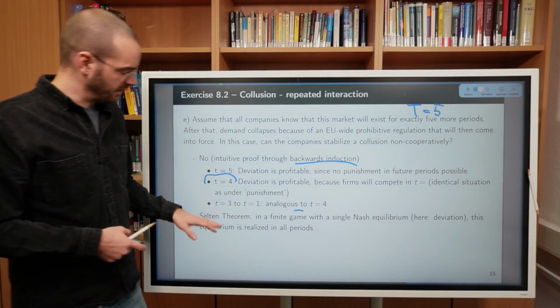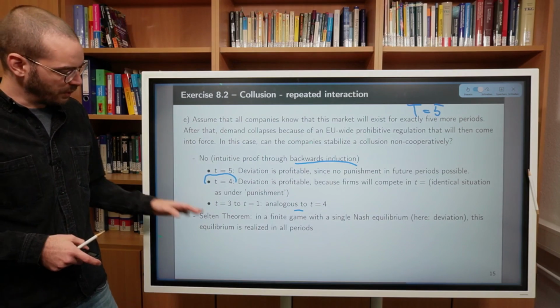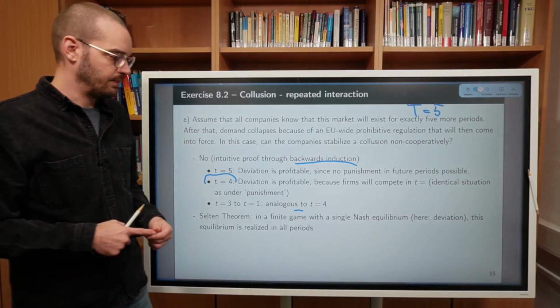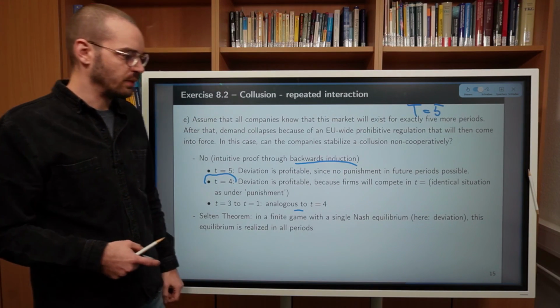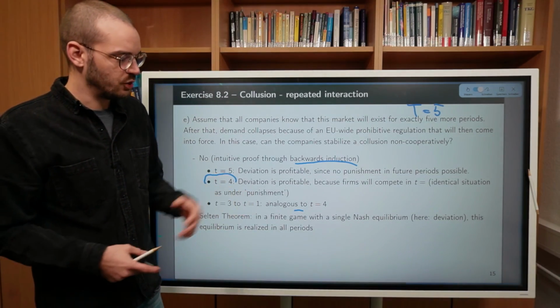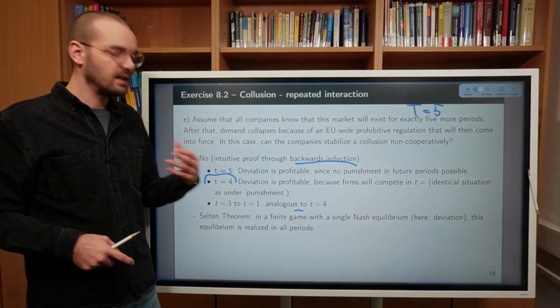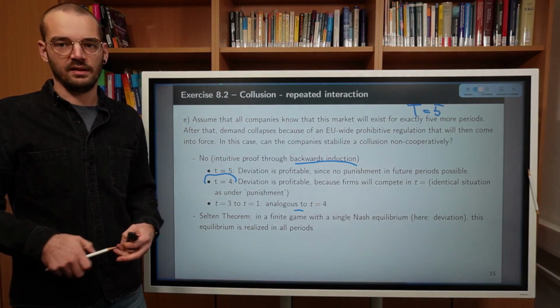This result is called the Selten theorem, which generally reads that in a finite game with a single Nash equilibrium, in this case deviation or competing, this equilibrium is realized in all periods and not only in the final period.